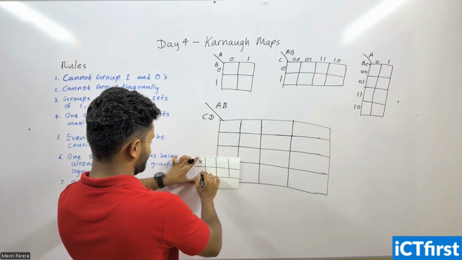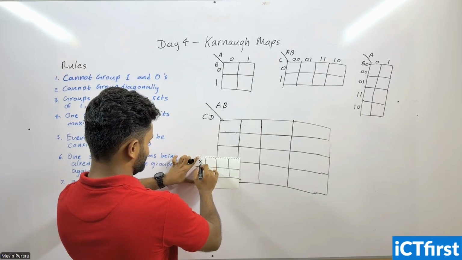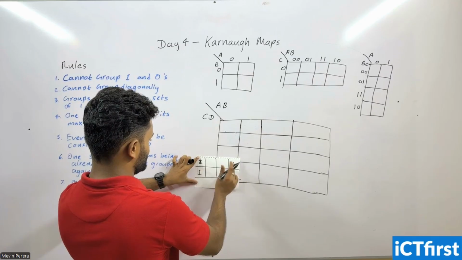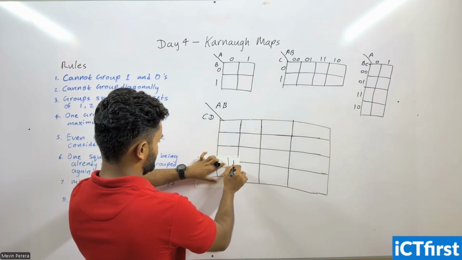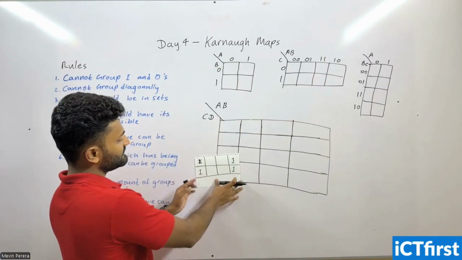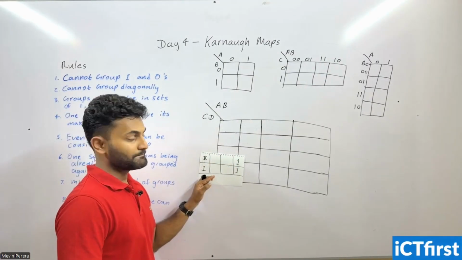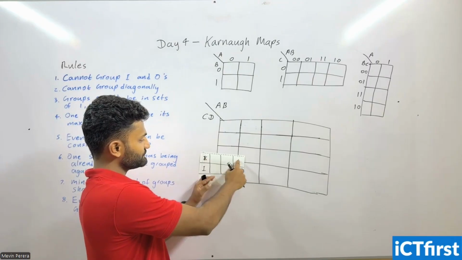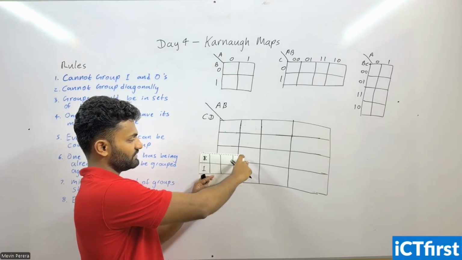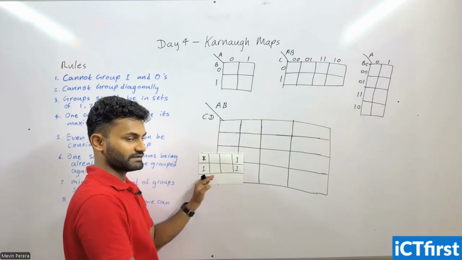Now let's say I put a one here, and then one here, one here, and one here. Now let's say there is a Karnaugh map like this. These two do not meet together; they are pretty much separated.